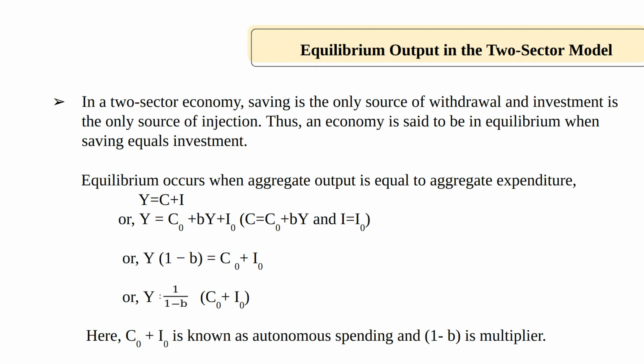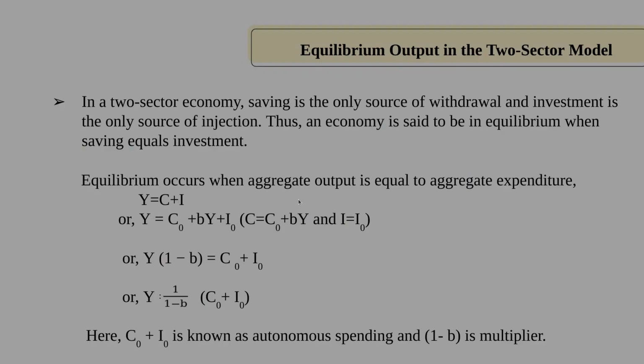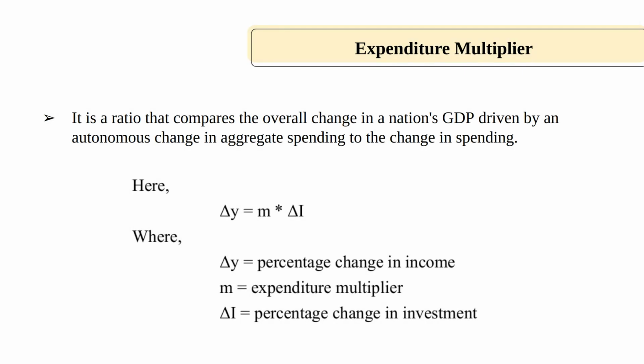Mathematically, equilibrium output is C naught plus I naught divided by 1 minus b, where b is the MPC. This gives us a clear point where total spending equals total production.